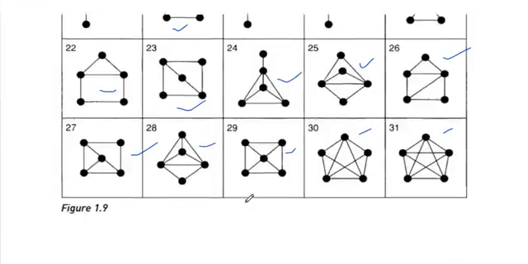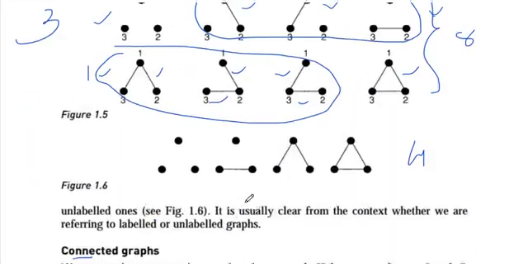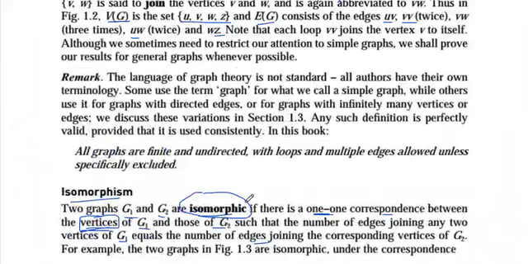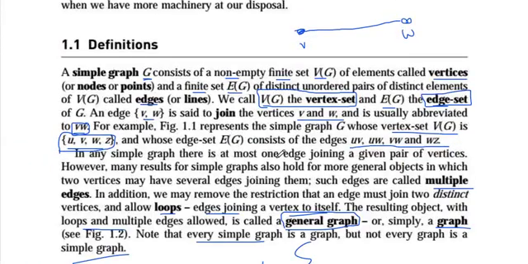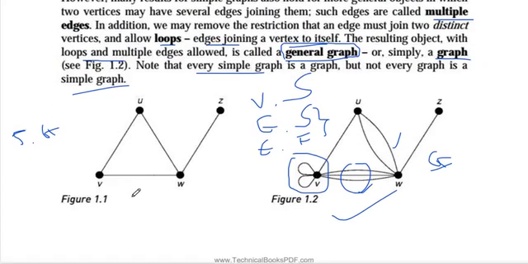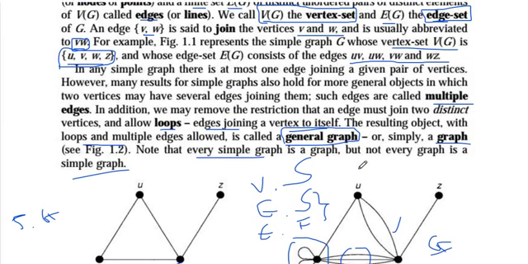Let's revise the definitions we have studied till now. We have studied a simple graph. Simple graph means no loops and no multiple edges, while a general graph consists of loops and multiple edges.